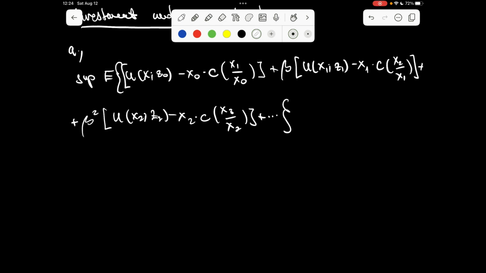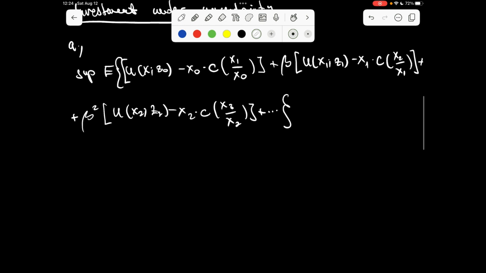Just like in exercise 10.1, we need to apply the formula which is used for evaluating plans. So this is the formula we are going to use here. On this basis, we can rewrite the very same supremum function in this way.